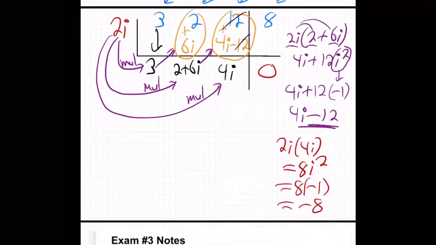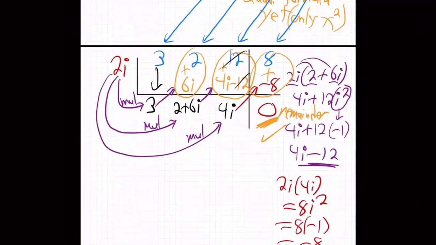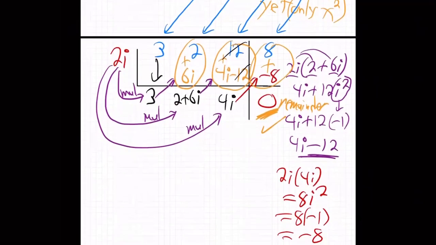So that's -8. And that's what it's supposed to be. Perfect. Add them up. 0 remainder. This is beautiful, isn't it? It worked.